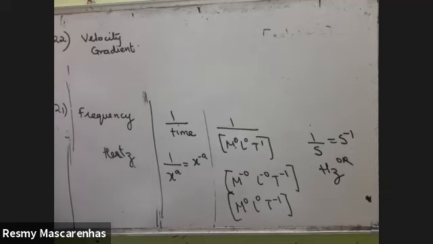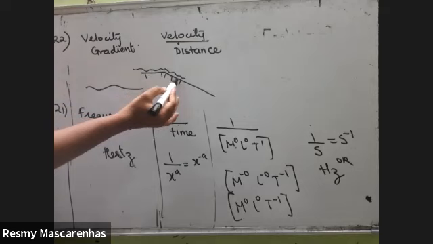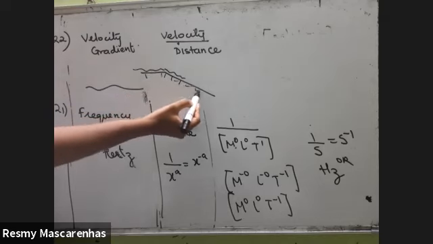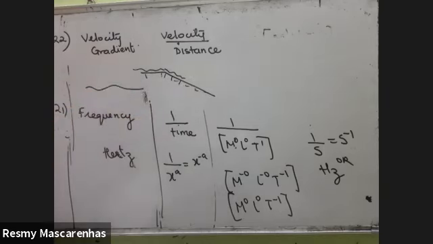It's like if river water is flowing, and there's a height like this, the speed of the water in this distance will be different. At this point it may be different, at this point, as the slope and all, it will be different. At every point it will change. When you try to calculate that change at every certain distance, that is called velocity gradient. It means how much your speed is different at different distances.